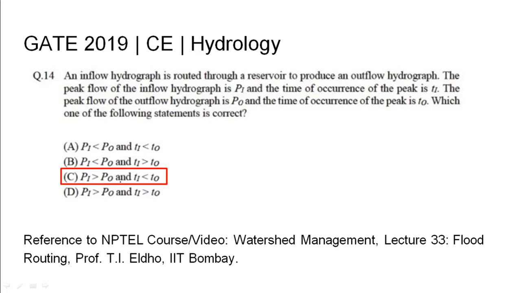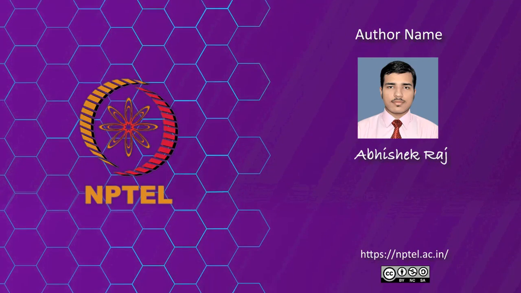So the inflow hydrograph's peak is higher than the outflow hydrograph's peak, and the time of occurrence for the outflow hydrograph's peak will be greater than the inflow hydrograph, which is option C. That is Pi greater than Po and Ti less than To. The relevant NPTEL reference has been cited.